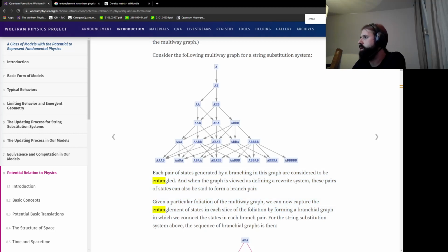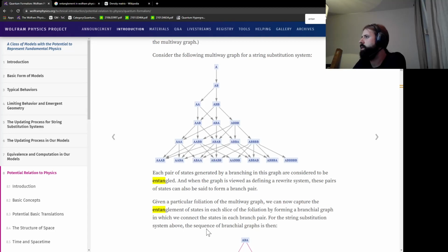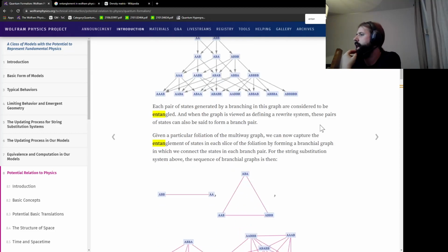That's confusing. I should play maybe with this model a little bit more, but I don't know how to do this.